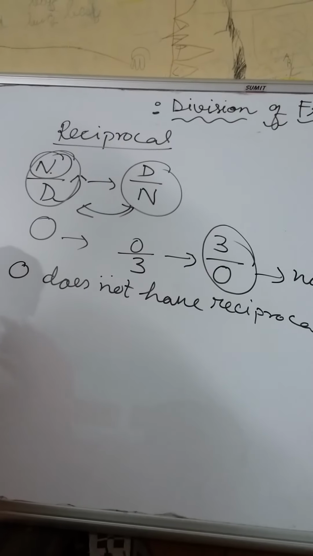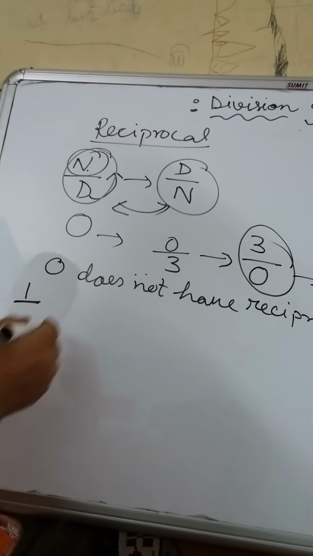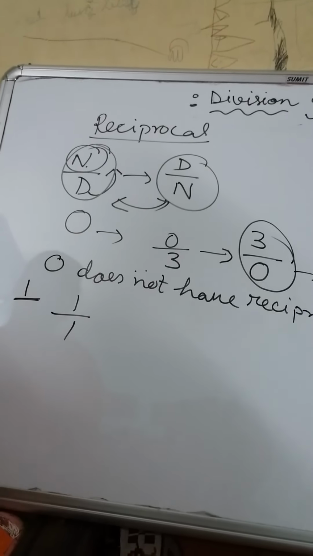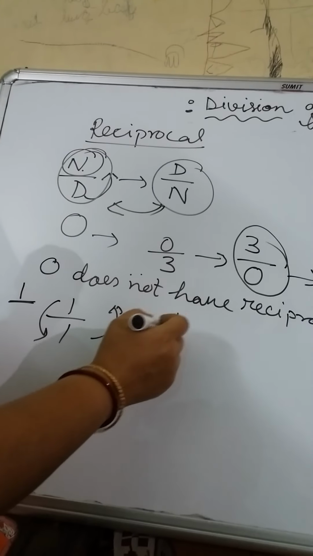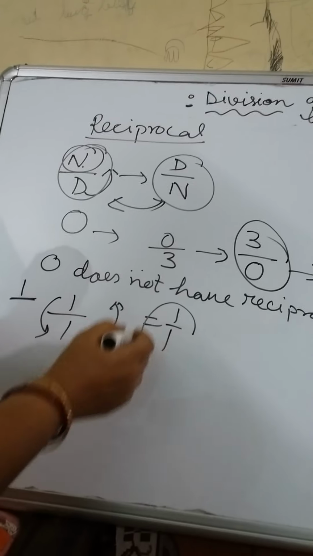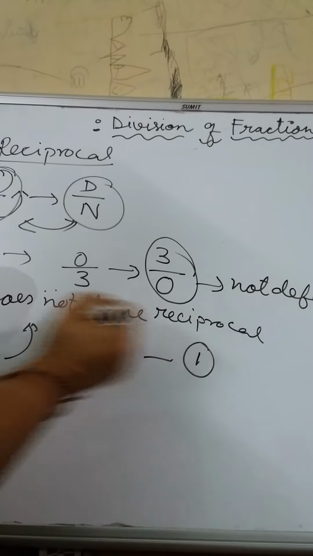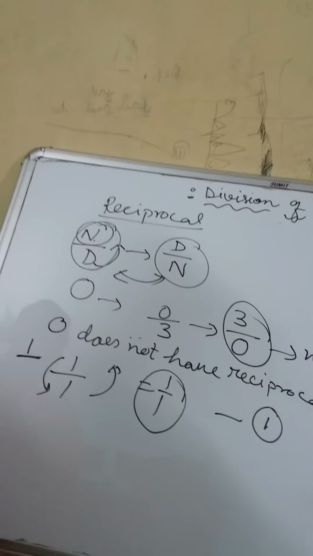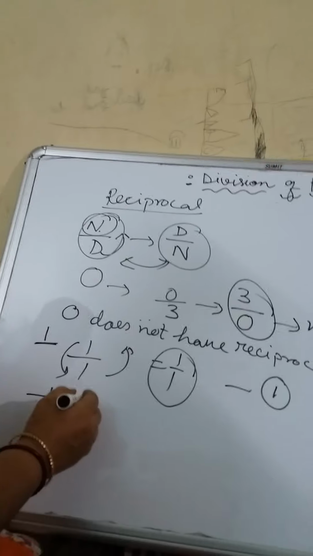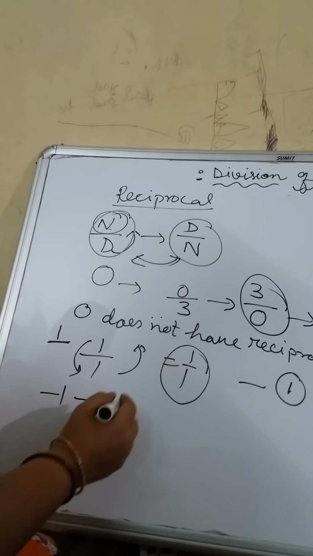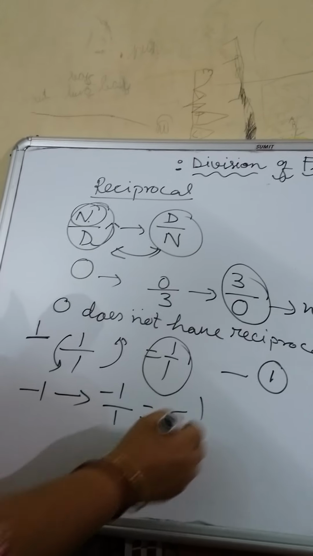Now if I ask what the reciprocal of 1 is, 1 can be written as 1 by 1. When you reverse it, it remains 1 by 1 only. So the reciprocal of 1 will be 1 only. Now minus 1: in the same way, the reciprocal of minus 1 will be minus 1 only.